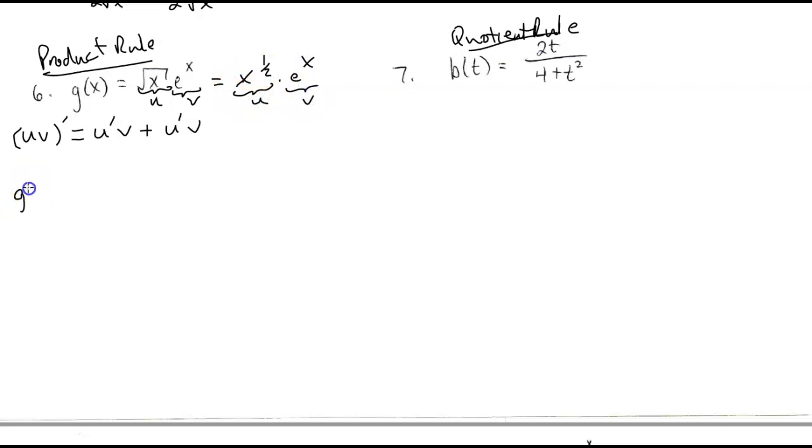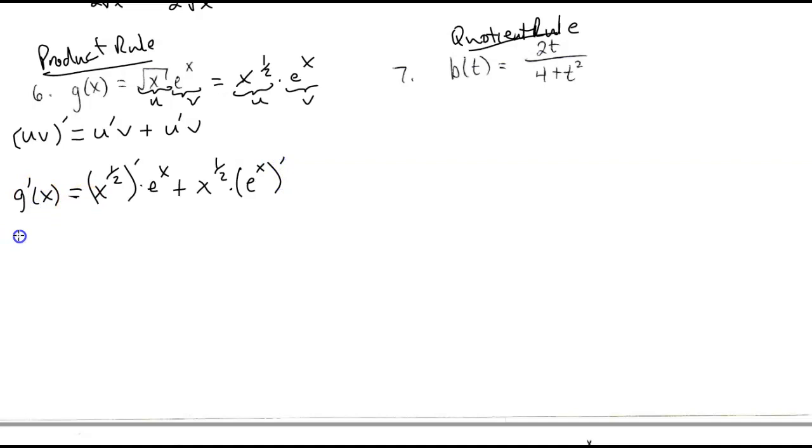So if I take the derivative of g of x, then that means I need to take the derivative of x raised to the 1/2 times e to the x. And then I have x raised to the 1/2 times the derivative of e to the x.